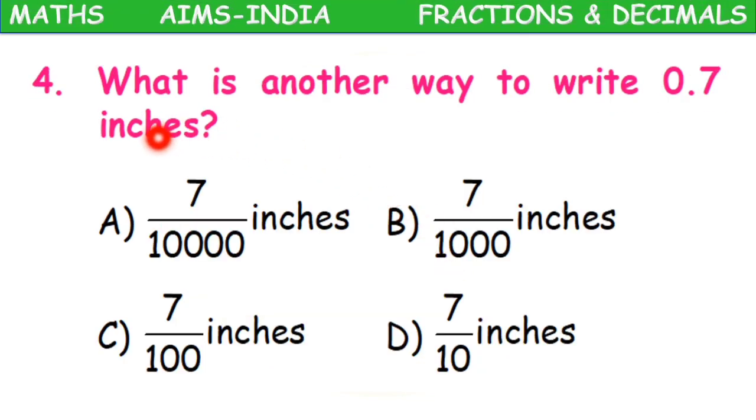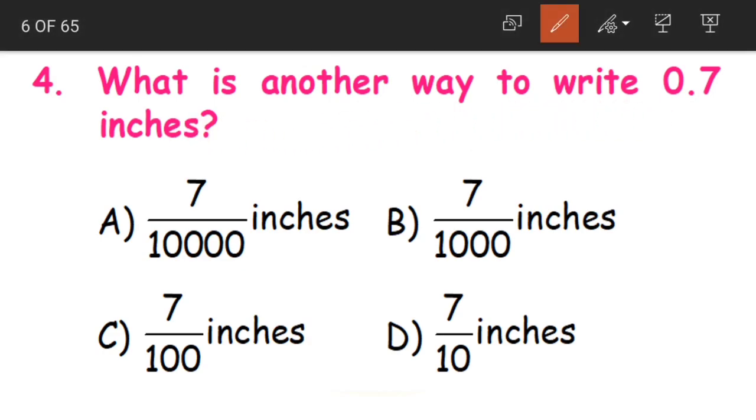Next question. What is another way to write 0.7 inches? Now inches is again a unit of measuring length. Yes children, we are having the decimal number 0.7. Now how do we convert it into a fraction?